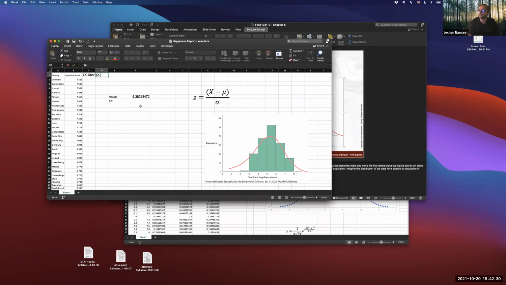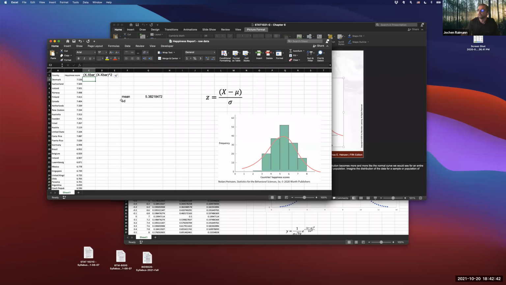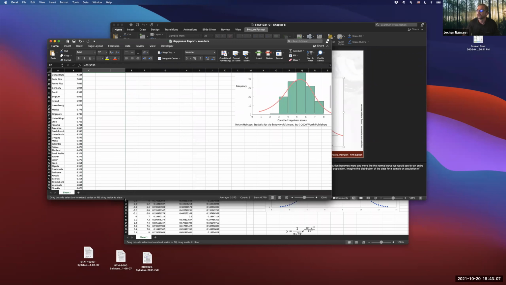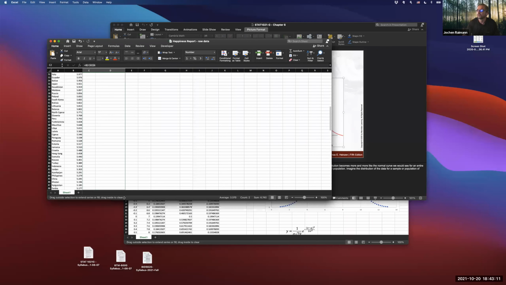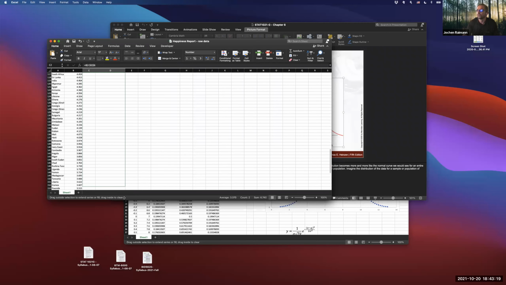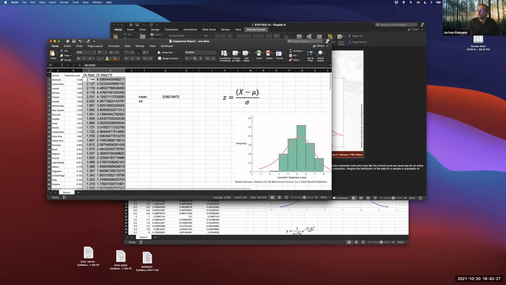Now we do x minus x bar squared. That's our squared deviations.